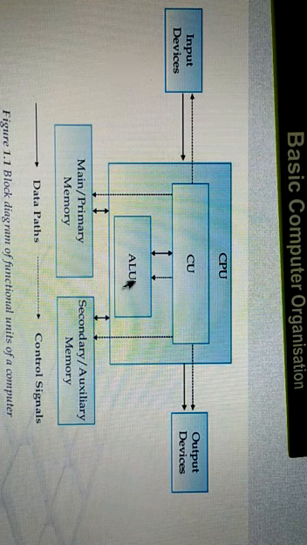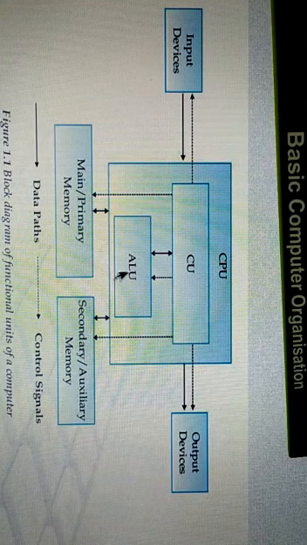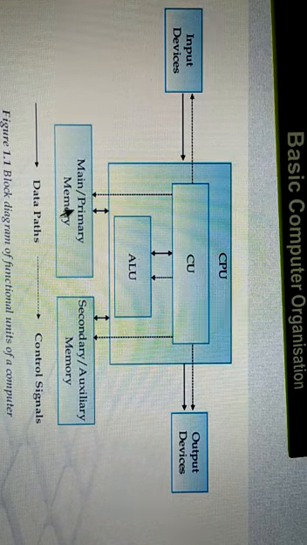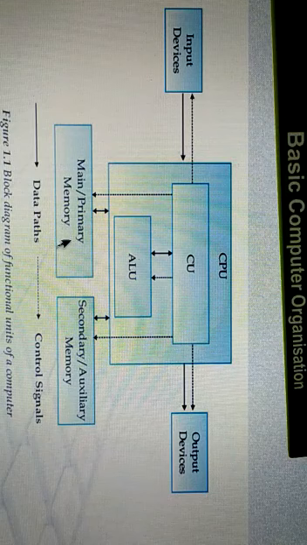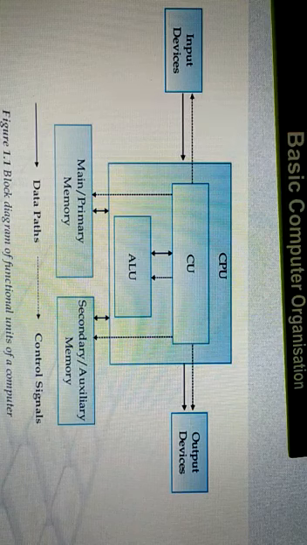Now the ALU starts the processing, and after calculations the result of the ALU is sent to the memory once again, and then the result will be presented through the output devices. In such a way the computer carries out the processing.